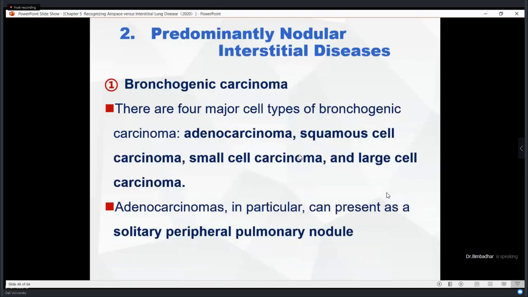Now the next thing we are going to look at is bronchogenic carcinoma. This is the last chapter, and after that we will try to close off our class.